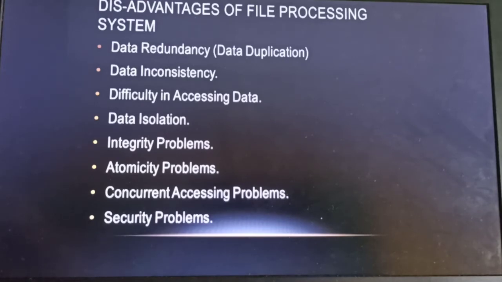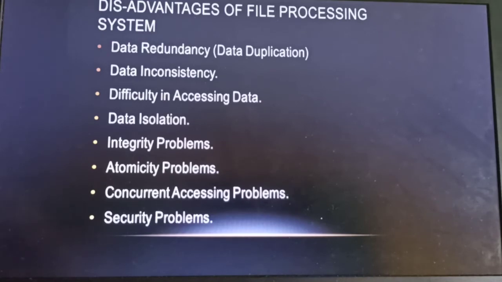The file system has multiple drawbacks, and they are data redundancy, data inconsistency, difficulty in accessing data, data isolation, integrity problems, atomicity problems, concurrent access problems, and security problems. These are the problems overcome by database management system. Now we will see one by one what are these disadvantages of file processing system.